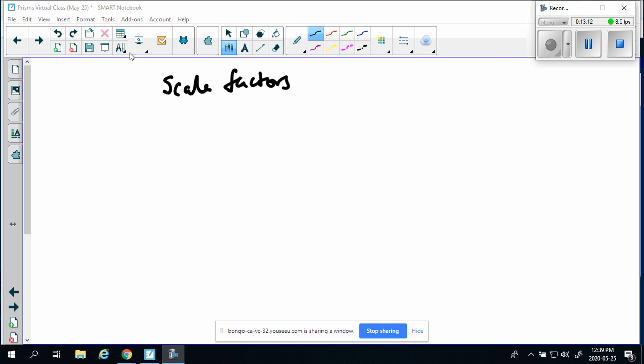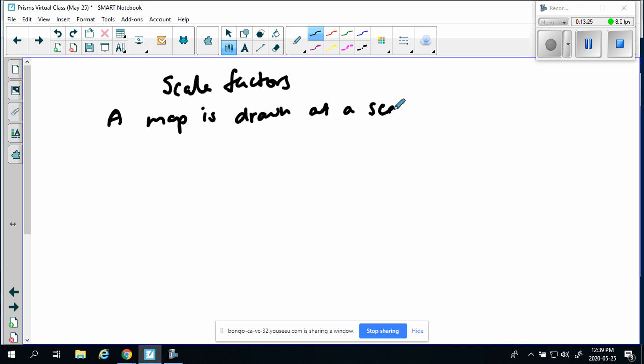This is a question that a student asked about how to deal with scale factors. So let's suppose that a map is drawn at a scale. Let's make it a really weird scale of like 3 centimeters to, I don't know, 70 kilometers, let's say. So 3 centimeters on the map is 70 kilometers in real life.